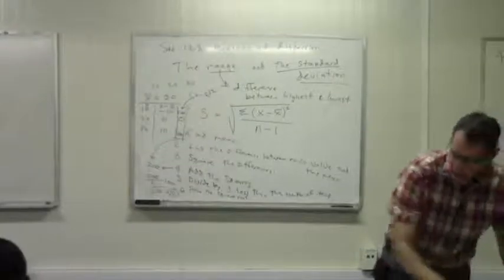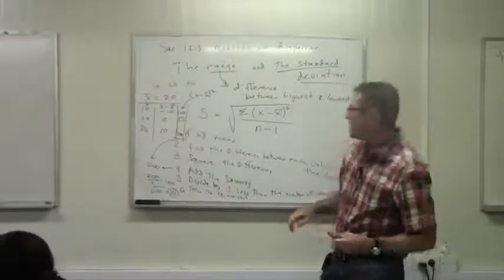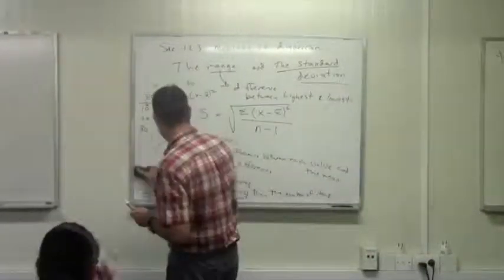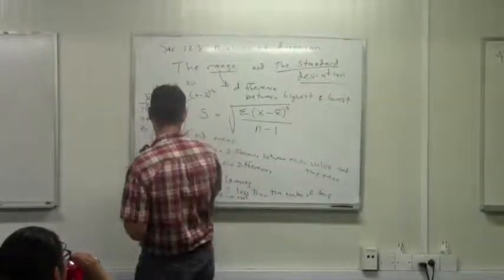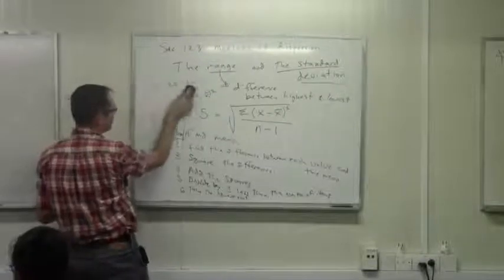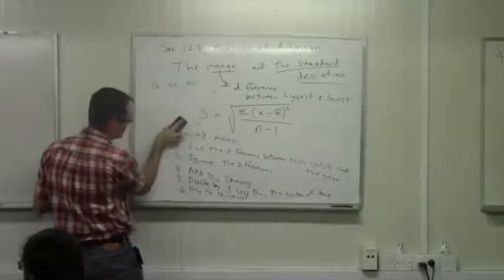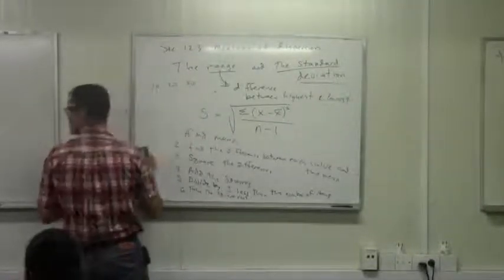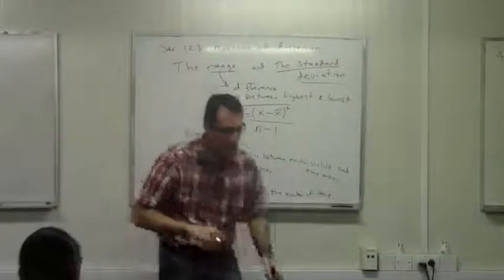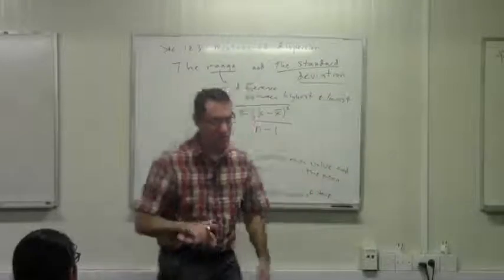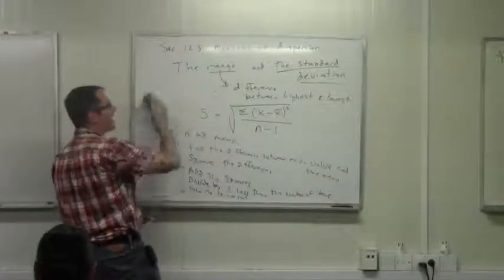Let's do another one. Here are the values I'm going to give you. I'll leave the numbers up there. The values are 17, 18, 19, 20, 21, and 25.